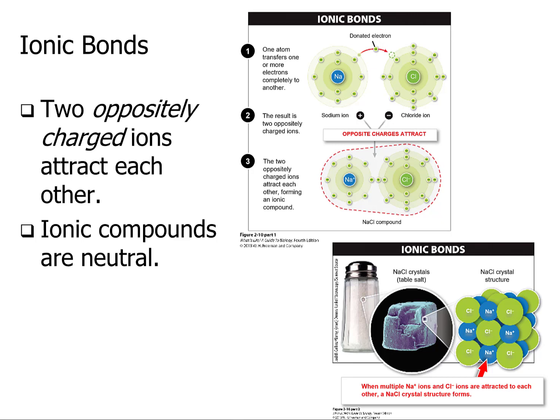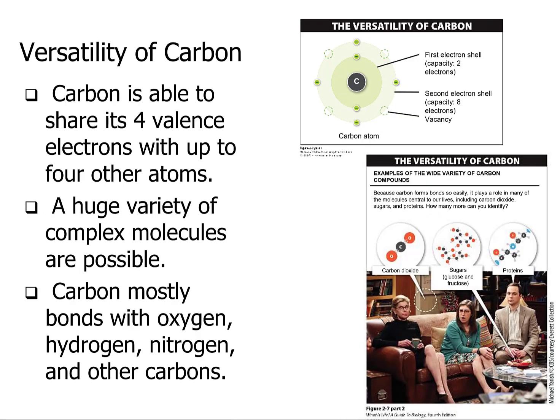And really interesting, the two oppositely charged ions attract each other. Ionic compounds are neutral because they've satisfied that charge. It's binding the negative with the positive, so it's no longer charged at that point because they're held together. And so that's pretty much what's going on with these ionic bonds.